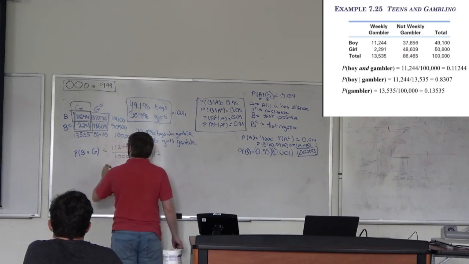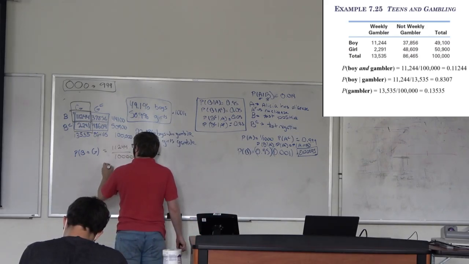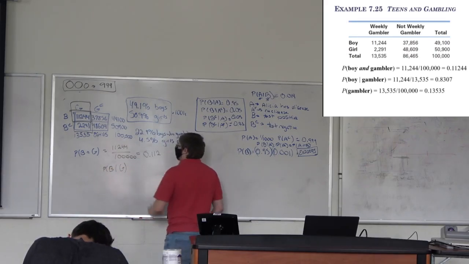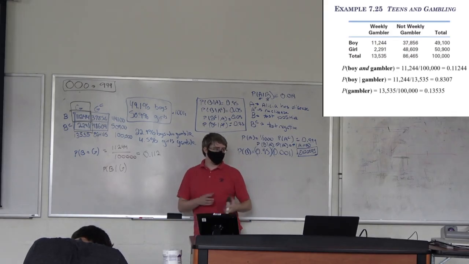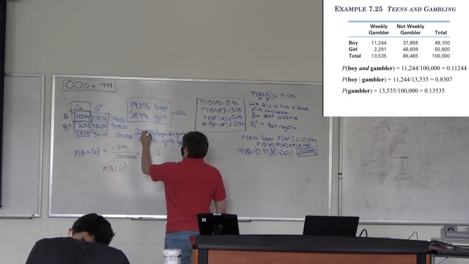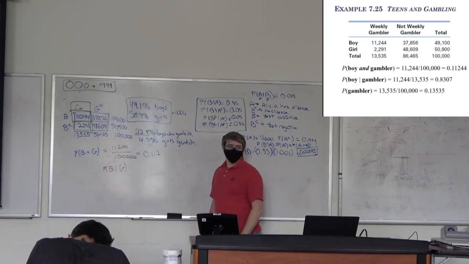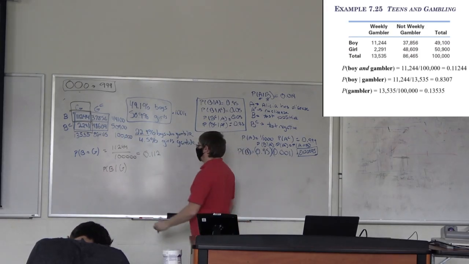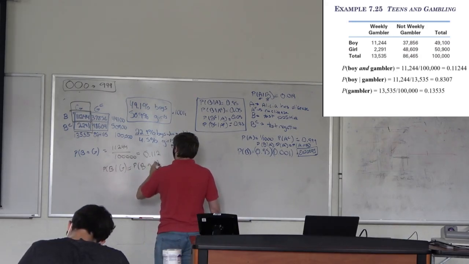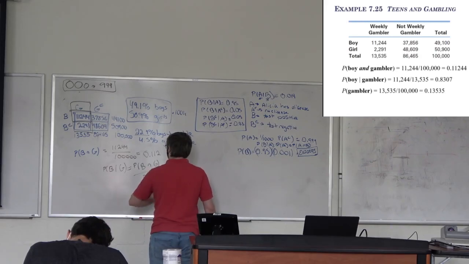So probability of boy given a gambler. So if you know that somebody's a gambler, what's the probability of them being a boy? And so it's not 22.9% over here. That's not the answer for this. The answer is P(B and G) divided by P(G).